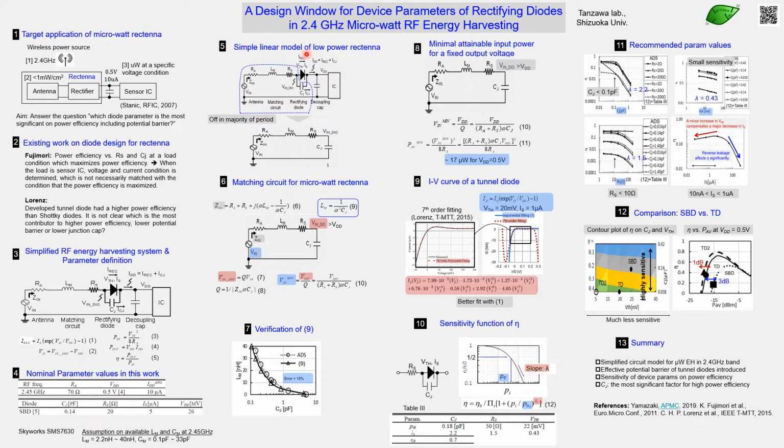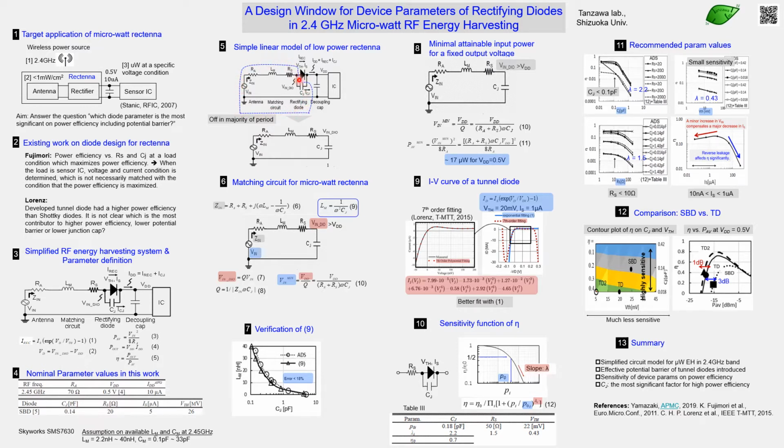And so now we are going to focus on the low power regime. Low power indicates that this diode DC component turns on in a very limited period of time, which means the majority of the time this component is off.